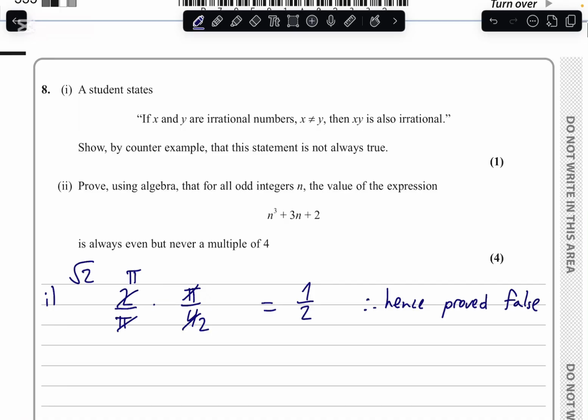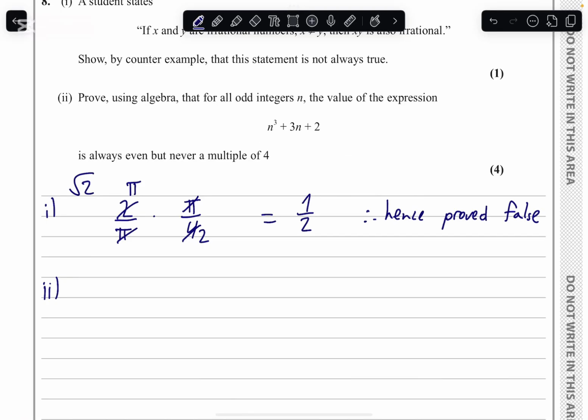In part II, we need to prove using algebra that for all odd integers n, the value of the expression n cubed plus 3n plus 2 is always even, but never a multiple of 4. So how will we do this? We need to show that for all odd integers n, so an integer must always be odd when it is multiplied by 2 and you add 1.